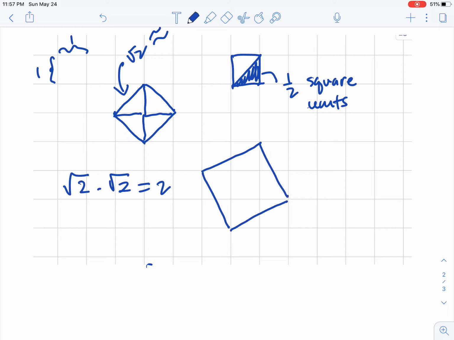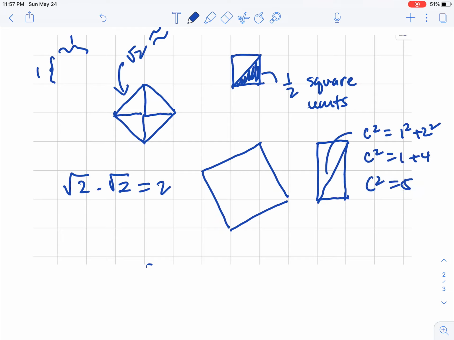Again, using the Pythagorean theorem, ang diagonal na yan ay c squared equals 1 squared plus 2 squared. That is c squared equals 1 plus 4. C squared equals 5 and c is equal to square root of 5, which is the side of this square, no? So, if this is square root of 5, square root of 5.